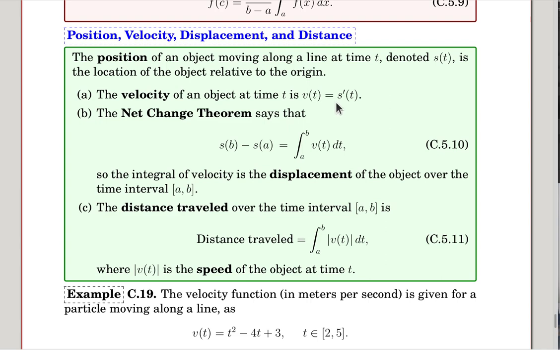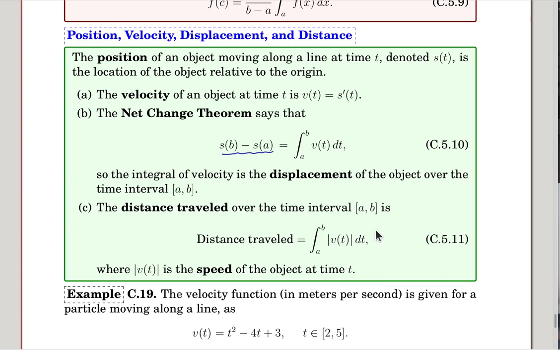For an object moving along a line, s of t is the position. Now its derivative is velocity. So once you integrate the velocity from a to b, then it is the position change. So that is now displacement.